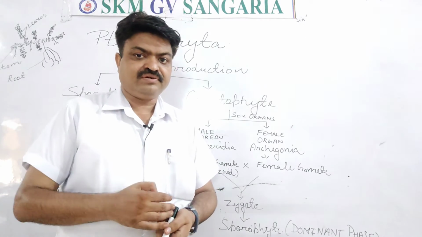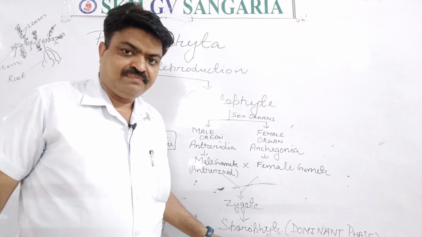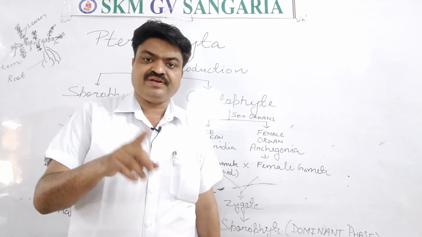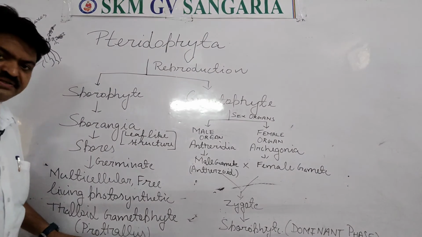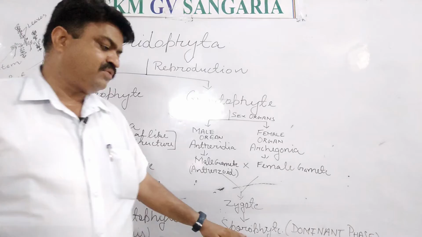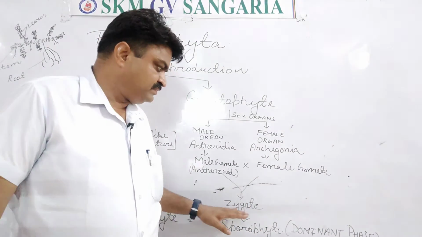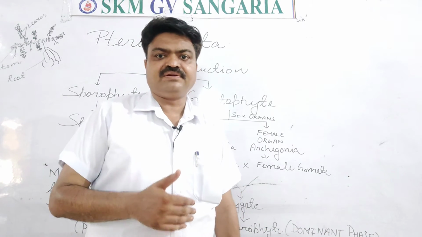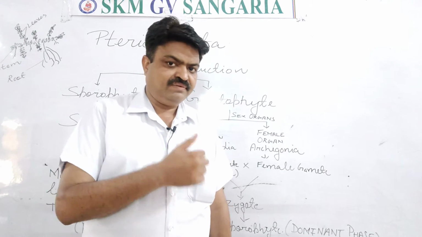Now the zygote is developed into the sporophytic structure, means the dominant phase. Like this, the prothallus is the recessive phase of the pteridophyte, but this sporophyte that is developed from the zygote is the dominant phase. So in this way the pteridophytes reproduce or make new plants, student.